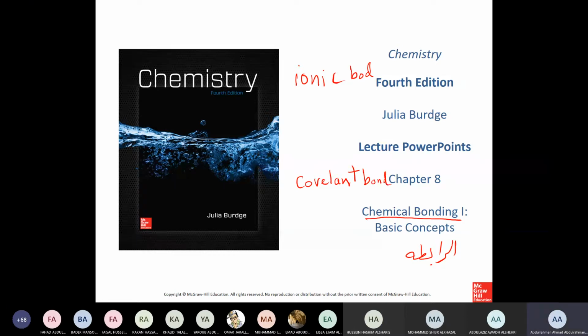All right. How is the ionic bond made? Ionic bond takes place between metal plus non-metal.